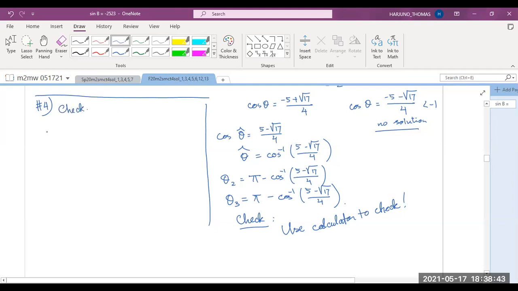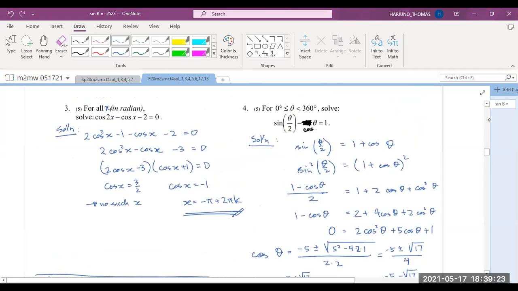How do we check if theta 2 is pi minus cosine inverse of (5 minus radical 17) over 4? Now, I don't guarantee you will understand what I'm doing here, but let's take a look. So theta over 2 will be pi over 2 minus 1/2 cosine inverse of (5 minus radical 17) over 4. Now let's take a look, what's the equation again?